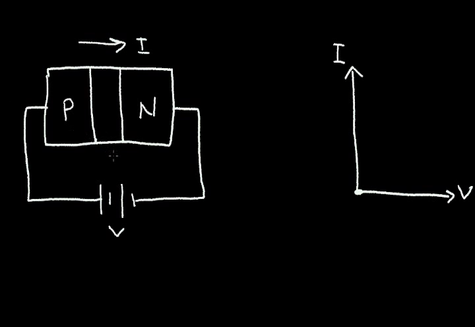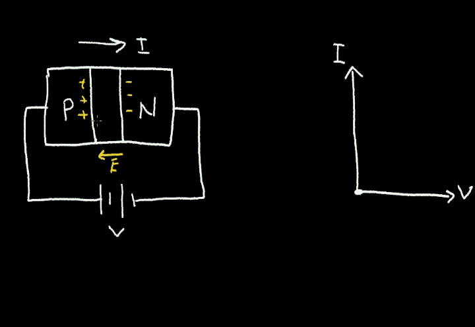Now, as I increase this voltage, recall that we have a built-in E field in this depletion region. And as I increase the battery voltage, I'm making this P region more positive relative to the N region.